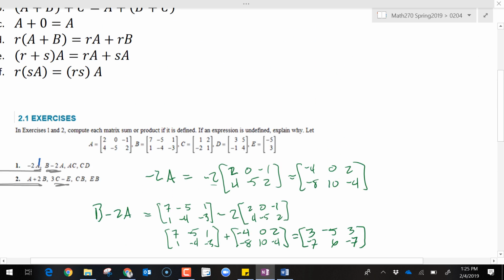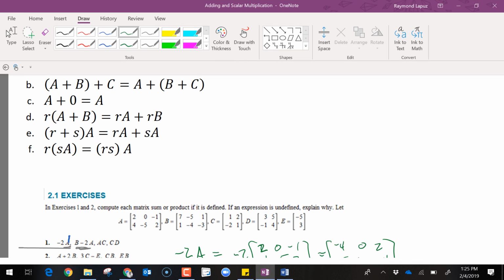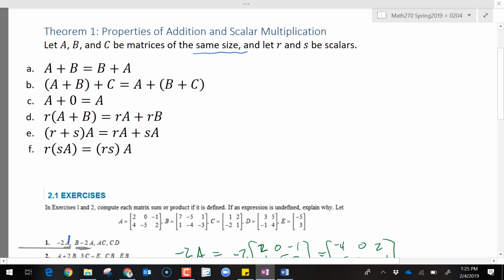Okay, so let's go back to the properties here. We can give these properties names. When you're able to switch the order of addition, what's that called? Commutative.